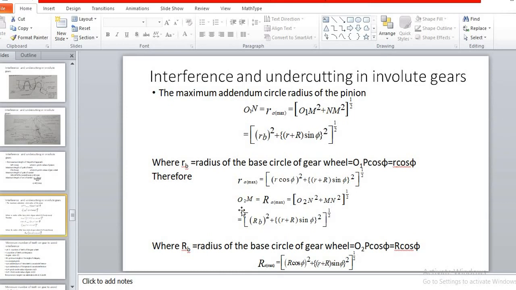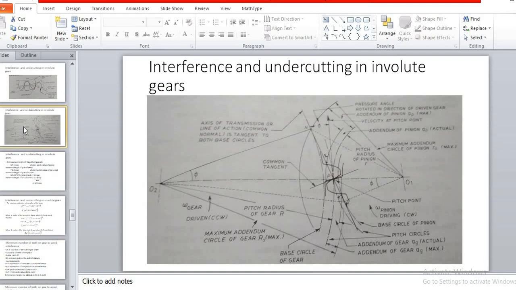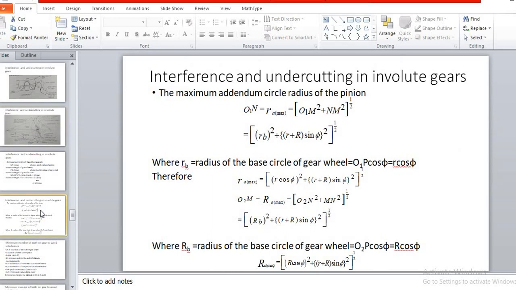Now similarly O2M. Now calculating for the wheel, the other gear, which we denote as the wheel. So O2M is nothing but Ra max for the wheel.